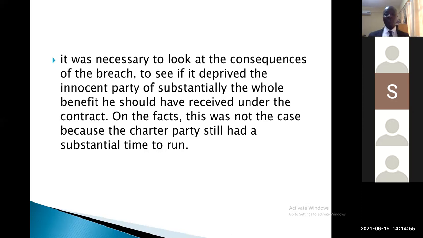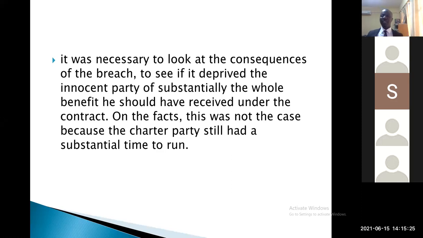However, with respect to innominate term or intermediate term, you cannot just look at the contract and interpret it and say that this is this or that is that. Rather, as Lord Justice Diplock indicated, you need to wait, let someone actually breach it. When the person has breached it, you weigh the effects of the breach on the contract.